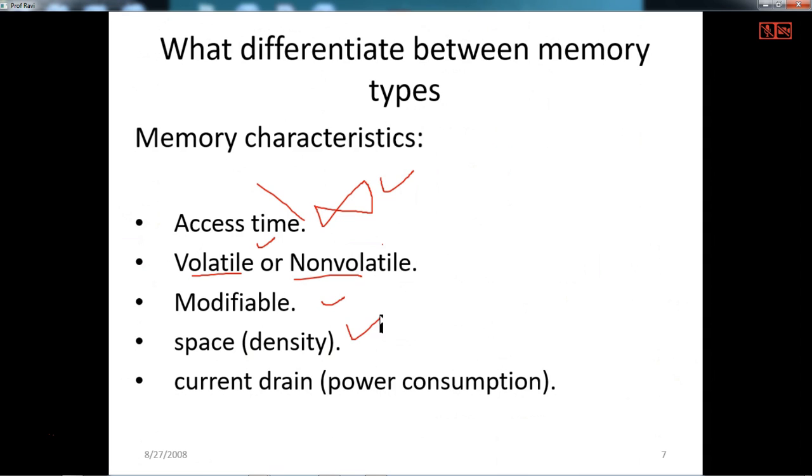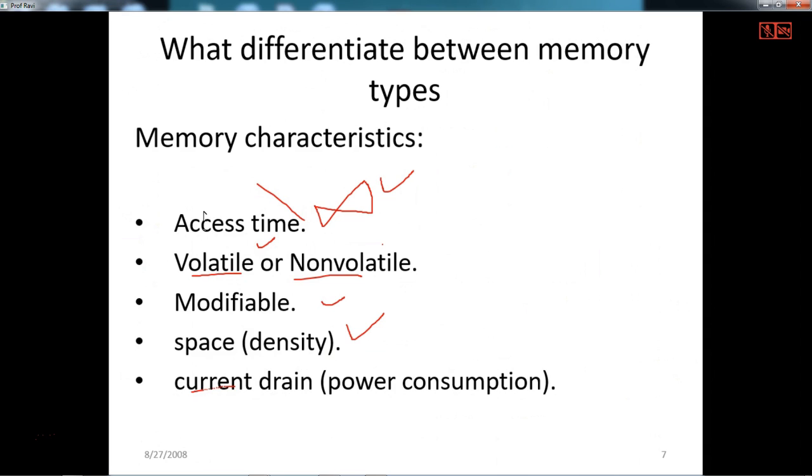The packing density is one more term by which we describe memory: the number of bits you can store for a given area. Power consumption is also an important factor in selecting memories.